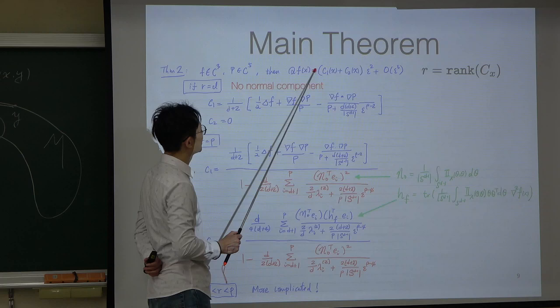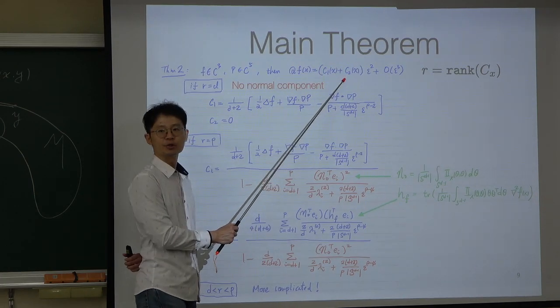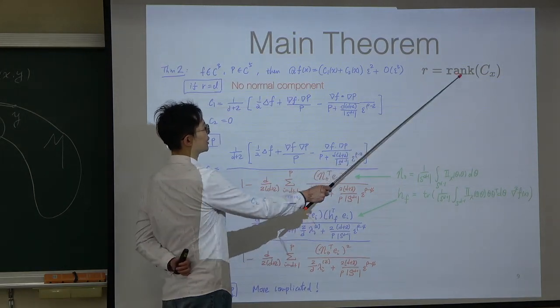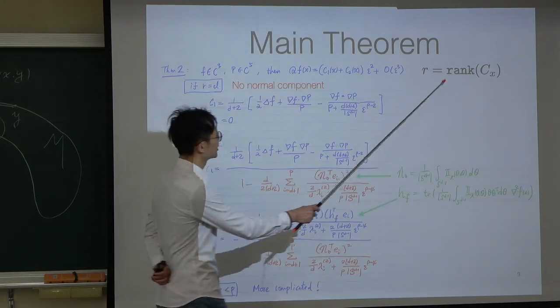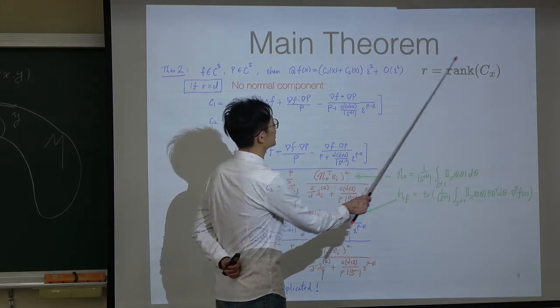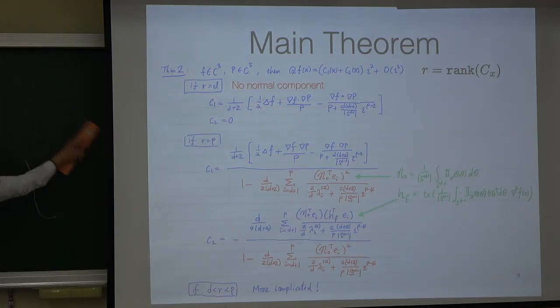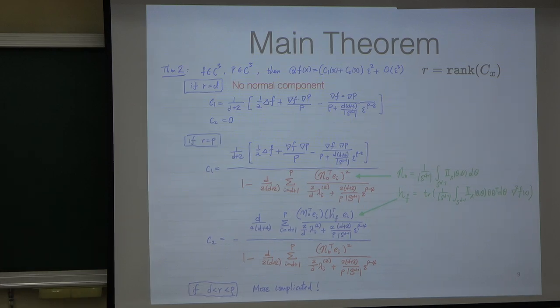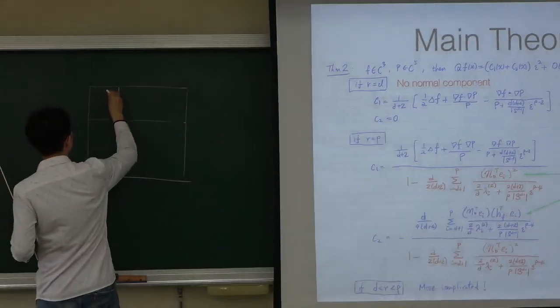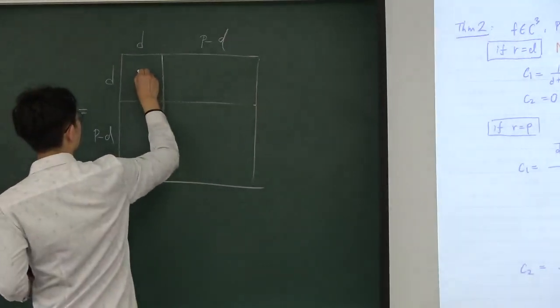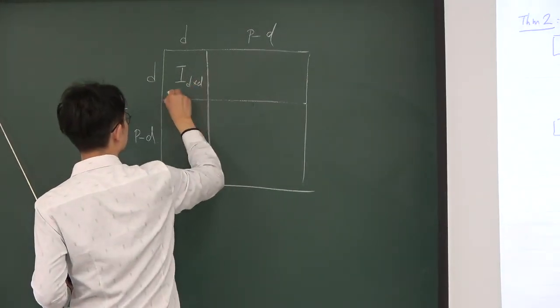That is the result. C1 and C2 are something we need to discuss in a bit. And here, let's denote r to be the rank of C_x. Here is something you want to pay attention to. In the end of the day, this is C_x. And what we know is the top d by d block of this matrix, with the bottom block being p minus d by p minus d, everything here will be identity plus some correction.